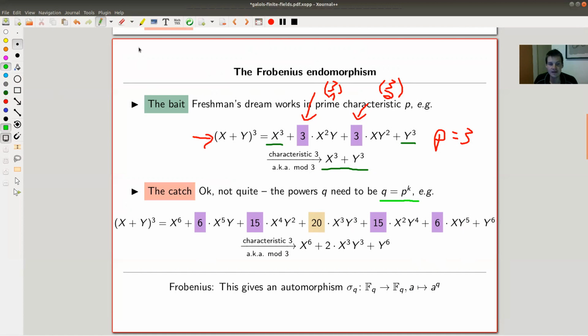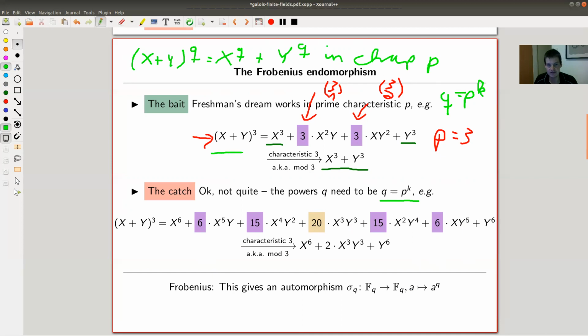So as long as you write down something like x plus y to some prime power, and I usually call prime powers q, then this is really x to the q plus y to the q in characteristic p, where q is, of course, what I just said, p to some k, so some prime power.